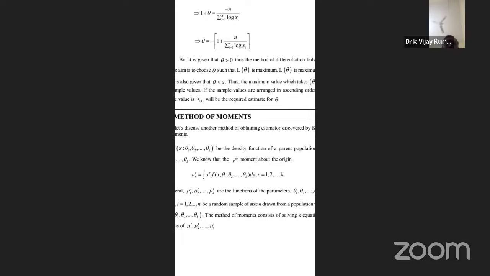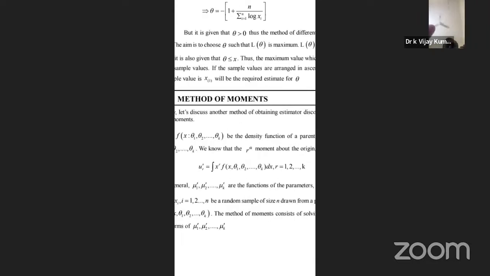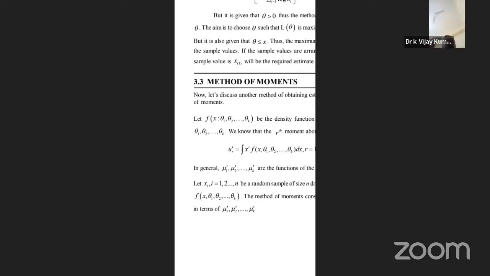Okay. The rth moment mu r dash is the integration of x power r times f of x, theta 1, theta 2, up to theta k, dx, for r equal to 1 to k. Generally mu 1 dash, mu 2 dash, mu 3 dash, and so on up to mu k dash are functions of the parameters theta 1, theta 2, up to theta k, where xi for i equal to 1 to n is a random sample drawn from a population with the density function f of x, theta 1, theta 2, up to theta k.